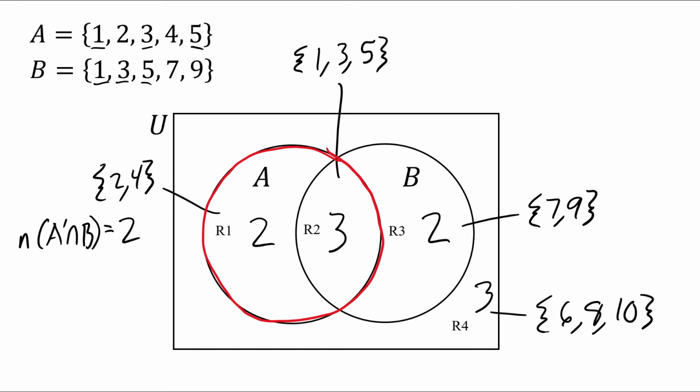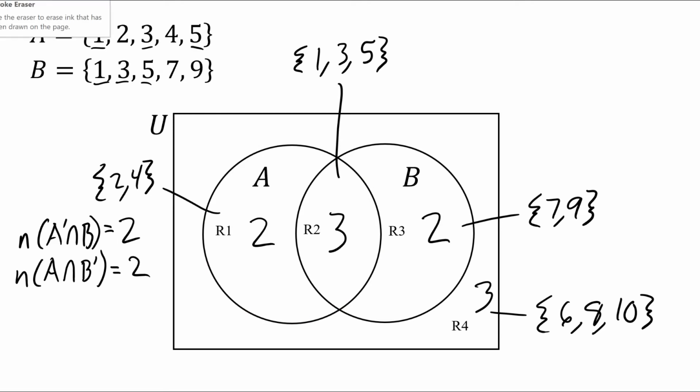All right. Let's do the number of elements in set A intersect B complement. So those would be elements in set A and not in set B. So those are going to be the 2 elements that are in region 1, the elements in set A that are not in set B. All right, so far so good, but this is where it's going to get a little bit challenging.